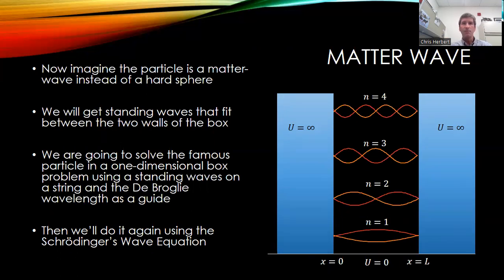So this is more akin to the situation where we have an electron trapped about the size of an atom on the atomic scale, or the last thing we're going to do is look at a proton trapped in an infinite well about the size of a nucleus. So again, we have these standing waves. We can see that we have our fundamental, our second harmonic, our third harmonic, our fourth harmonic, and this continues all the way to infinity.